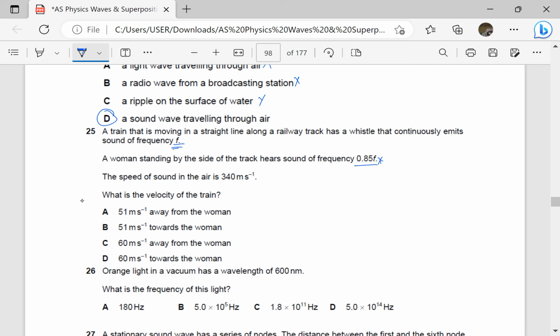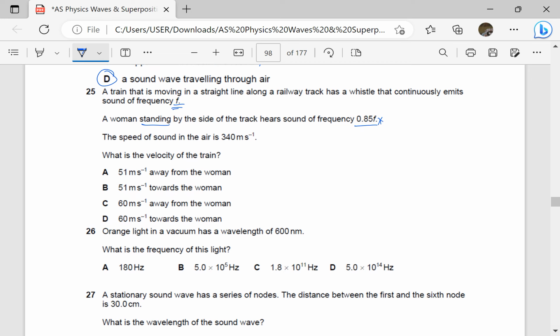That implies that, because the woman is standing, the source must be moving away. So without even checking by calculation, I can first eliminate the option showing towards the woman.